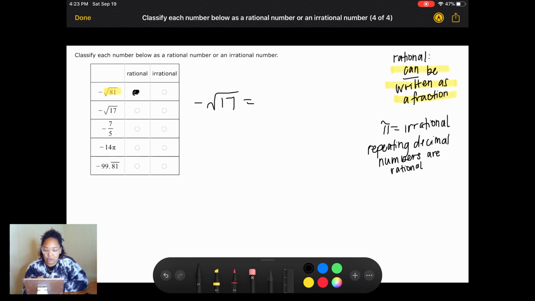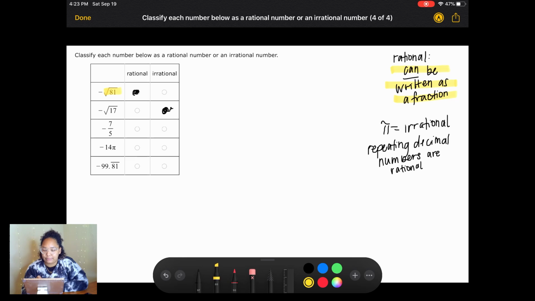So I know that the square root of 17 is somewhere between 4 and 5, and that's not going to work. So that is an irrational number. If this is a perfect square where you have a whole number, then that will be a rational number. Because there is no perfect square for that, it is not.